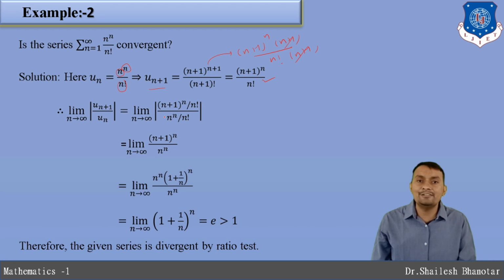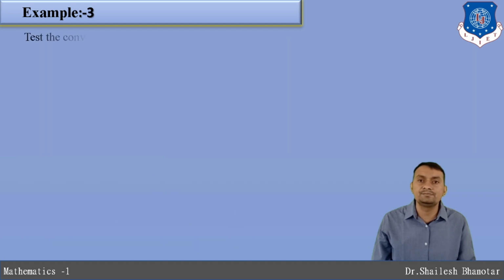Just apply the ratio, and this cancels out, and now you can take n raised to n as common, so 1 plus 1 by n raised to n. This is the standard identity, and the answer is e, and e is nothing but 2.7 something, which is greater than 1, and therefore this series is divergent according to the ratio test.